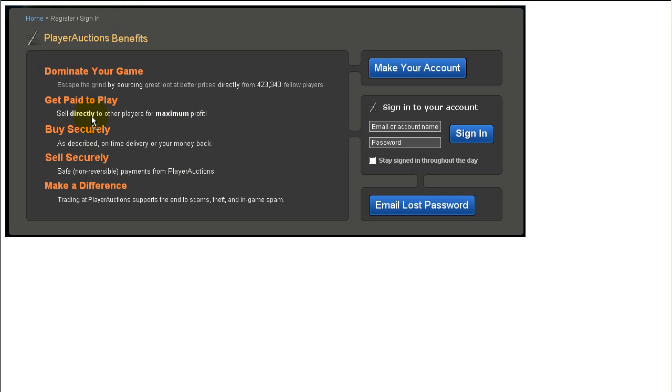And by adding emphasis to the text here, it's bold, directly, and maximum. That is providing a more clear picture that one is trading directly person to person. They're not using a big business that's going to add a 50% markup and then resell their goods.